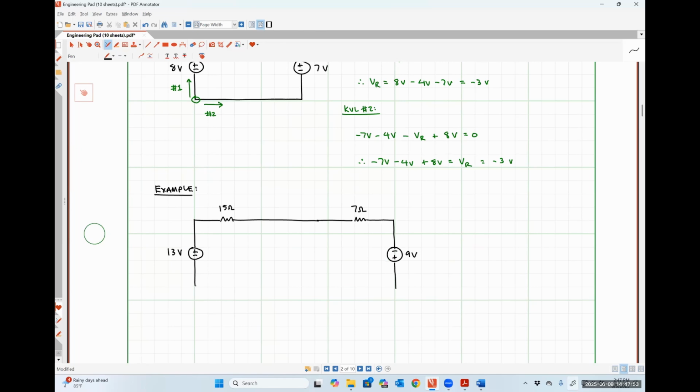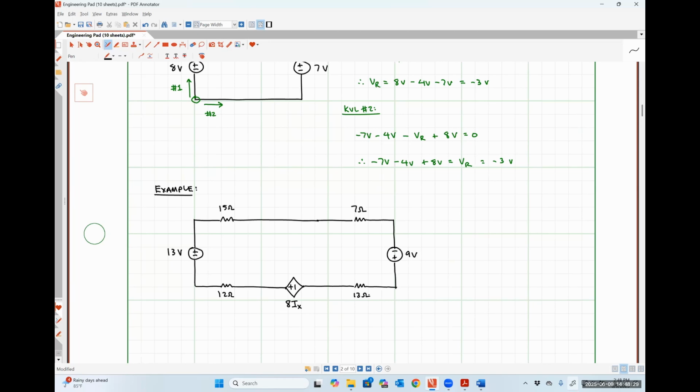Then down here on the bottom, we're going to have a 12 ohm resistor. This is going to be a current controlled voltage source. So plus minus, let's call this 8 IX, like so. And then over here is going to be a 13 ohm resistor.